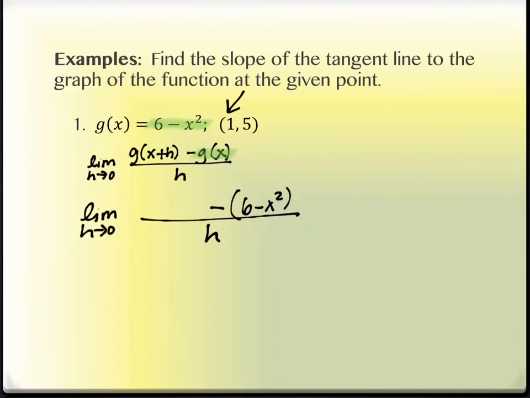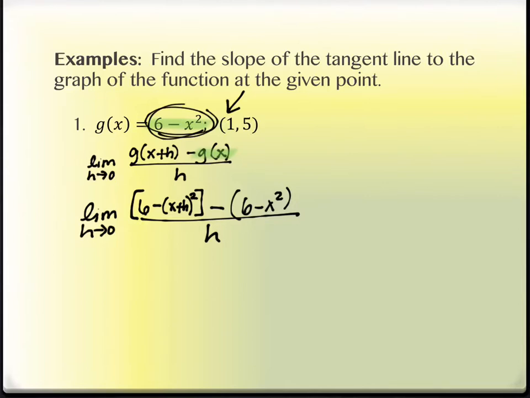So this is our function. It has a 6 in it. I'll put it in brackets to remind us that we're separating it out from the other piece. And where the x is, we want it now to say x plus h. I'm going to show you one other way to do this too before we're all said and done. Okay, so where the x is, we replace it with x plus h.